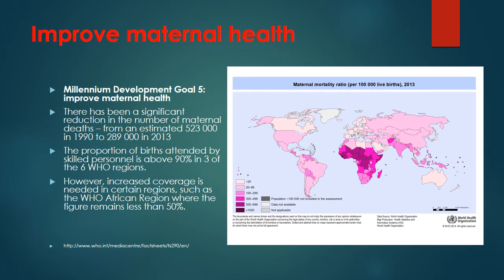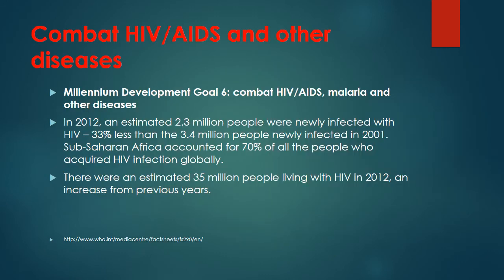But if you have a look at the map, you'll still see that there are quite a lot of deaths through that African region, that's the bright and the dark purple. So there still needs to be a lot of work done there so that we can reduce the number of mothers who are dying.